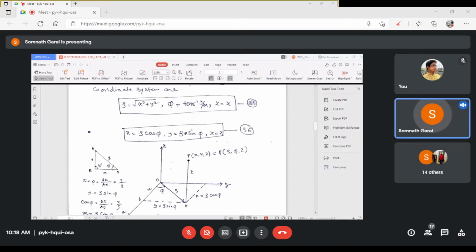Aratrika, what is the value of z? You calculated rho and phi. What is the value of z?